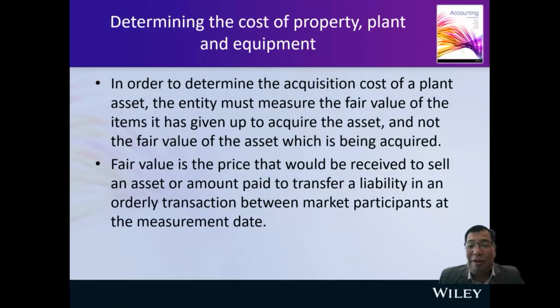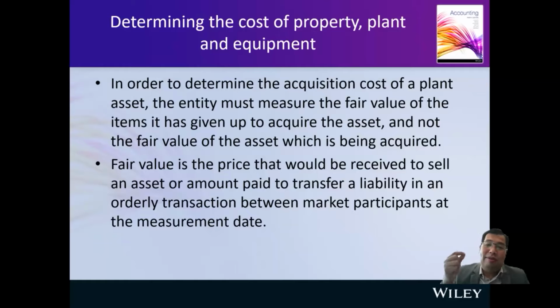We're not going to record 5 million dirhams, but we are measuring the fair value of items or cash payment made to buy the villa. Maybe you buy the villa at a price of 4 million. So you're going to record that villa, that property, at a price of 4 million rather than 5 million.